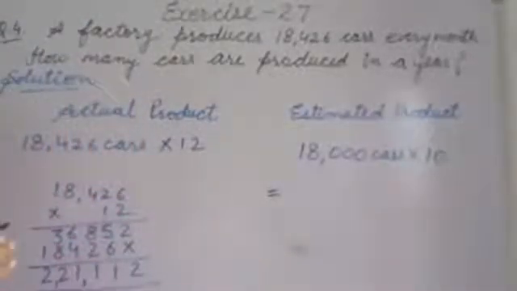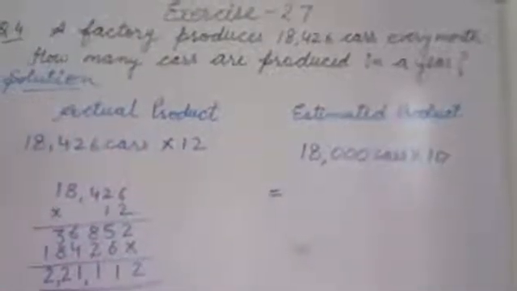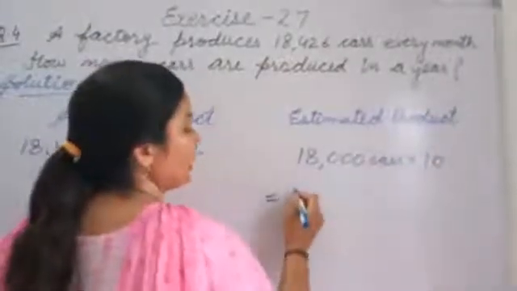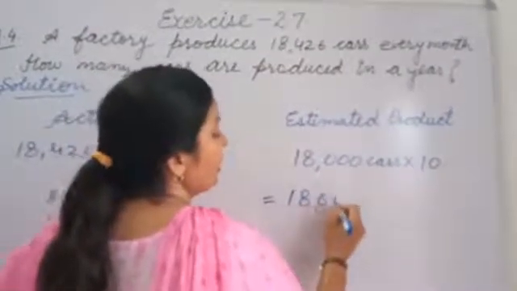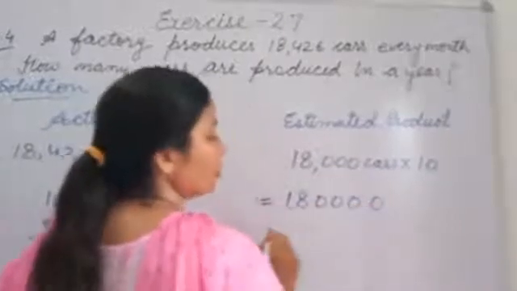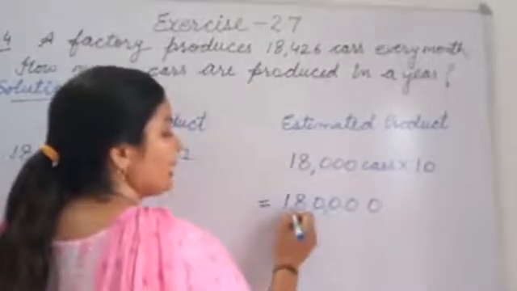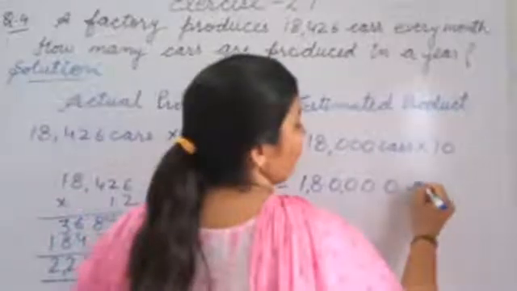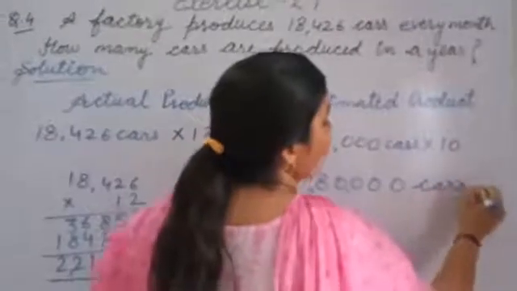Multiply by 10, 100, 1000, I told you that directly we can do. The number stays the same and after that we add one 0 time. So 18,000 as it is and after that one 0. So it becomes 1,80,000 cars. Okay, this is our estimated product.